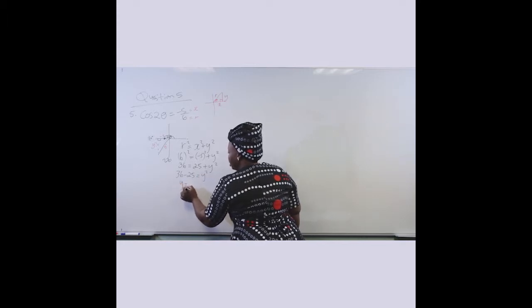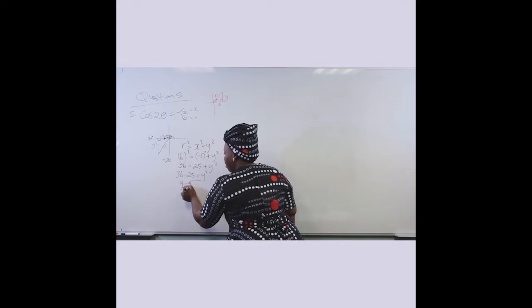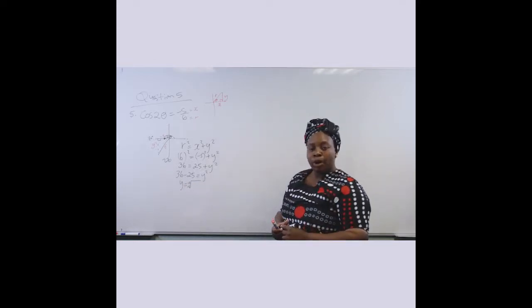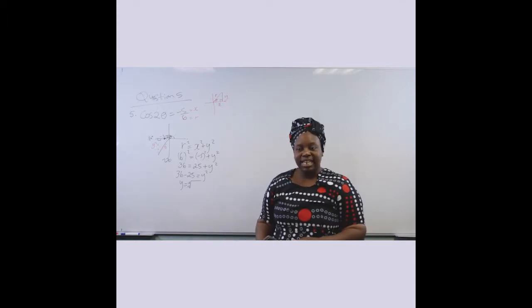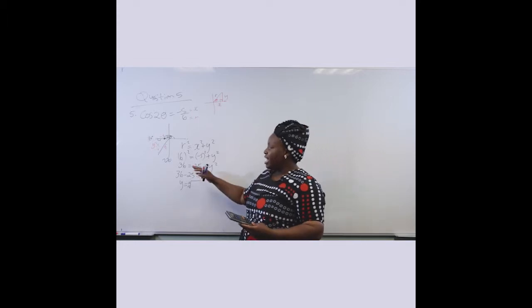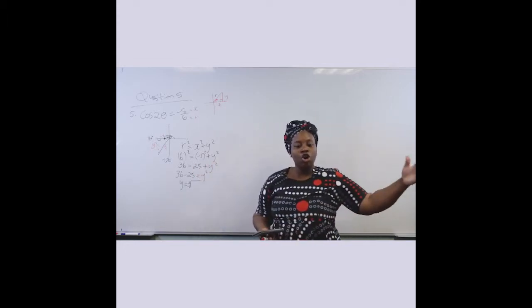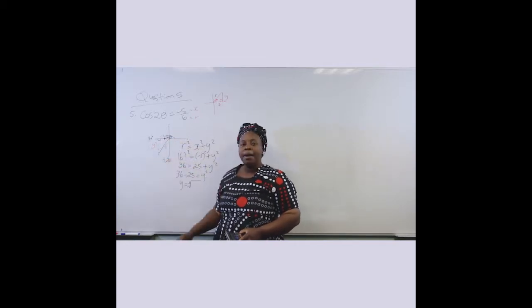Y will be equal to the square root of, remember it's y, so it should be plus or minus. The only thing that is always positive is r, because r is a radius. Radius cannot be negative, while y and x can be negative depending on the side where you find it. In the third quadrant, both x and y must be negative.